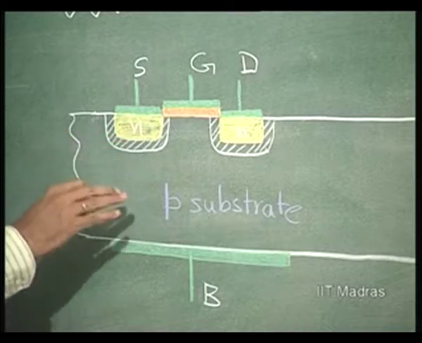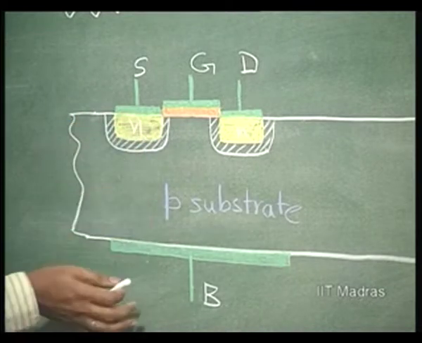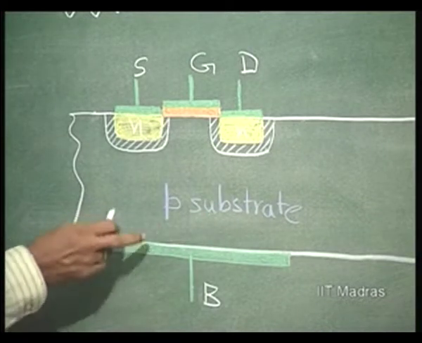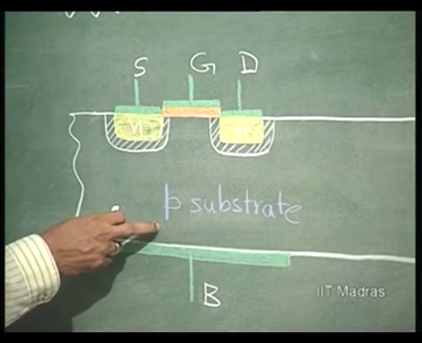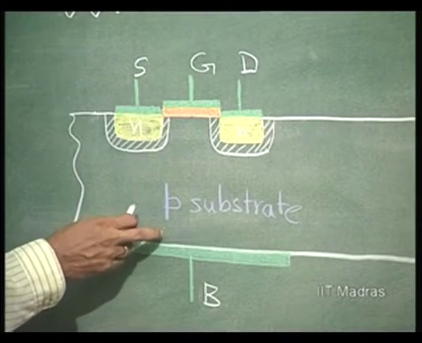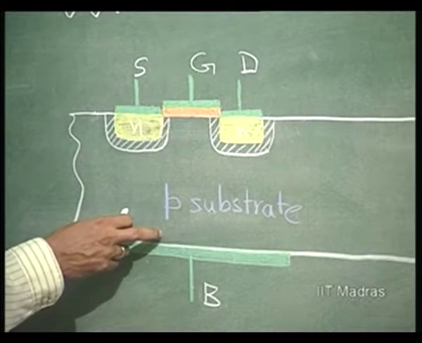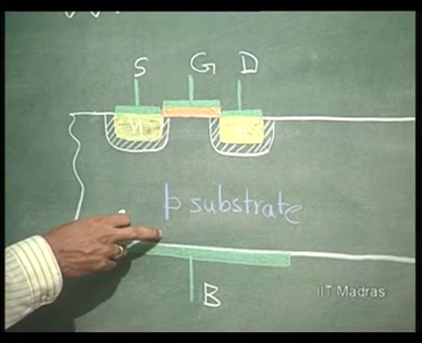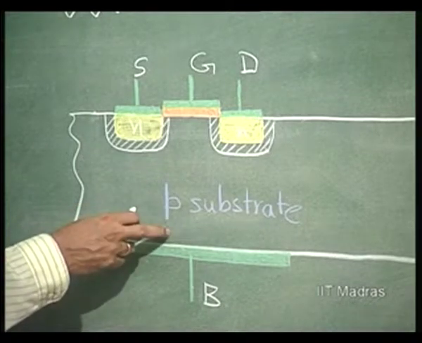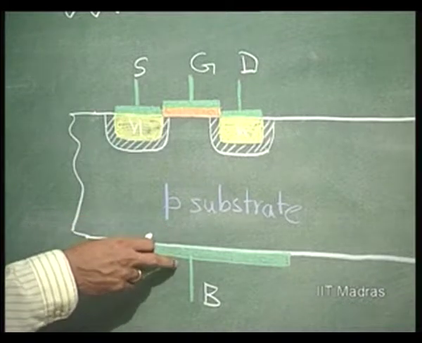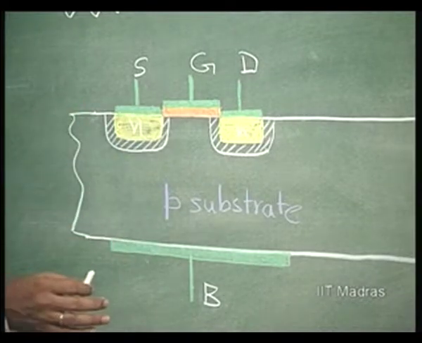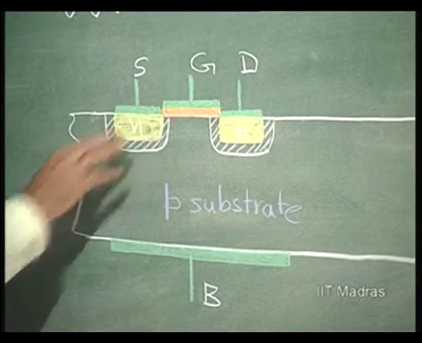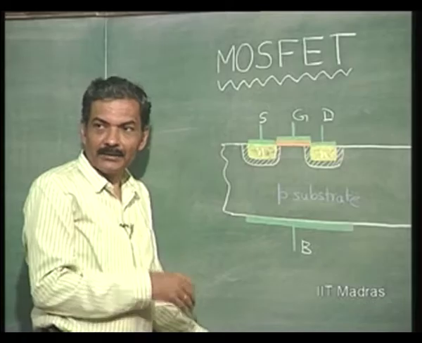These are isolated because normally if it is p-type substrate, okay, this is connected to the most negative potential of the circuit. In any IC, if it is starting with p-type substrate, the substrate has to be connected to the most negative potential, because all the devices are isolated by a junction, which is substrate and the particular material where the device is fabricated.